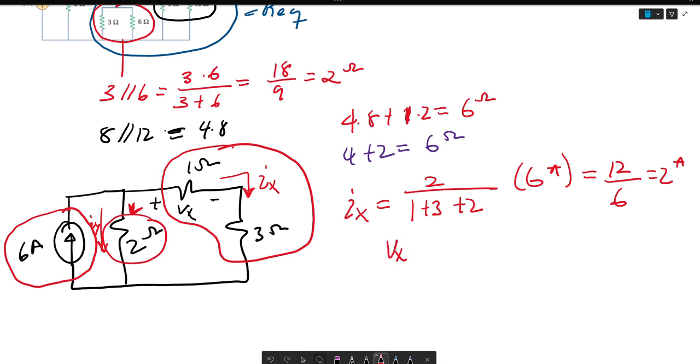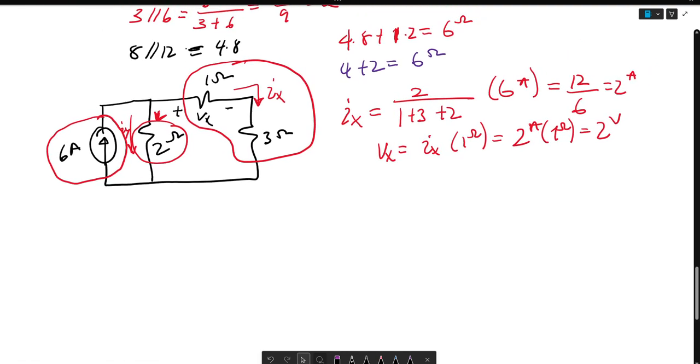And Vx is equal to Ix times 1 ohm, which is equal to 2 amps times 1 ohm, which is equal to 2 volts. So that's one way to solve for Vx.